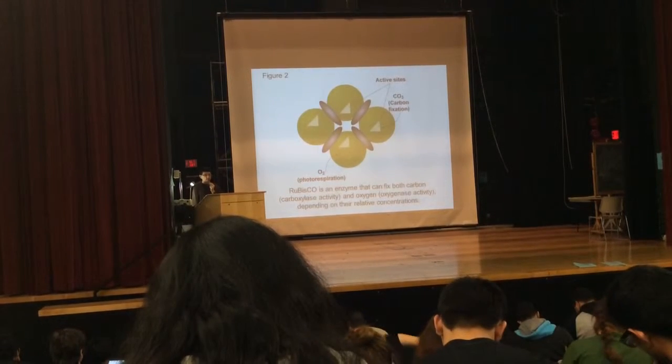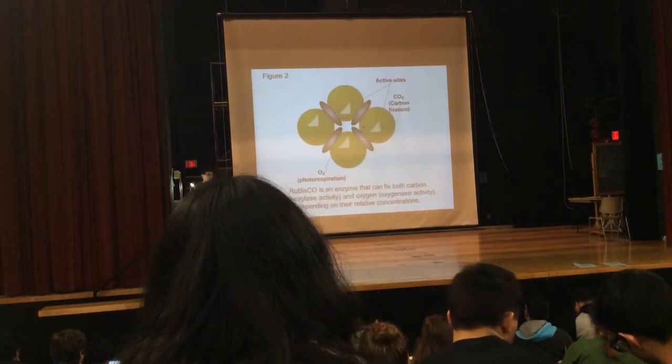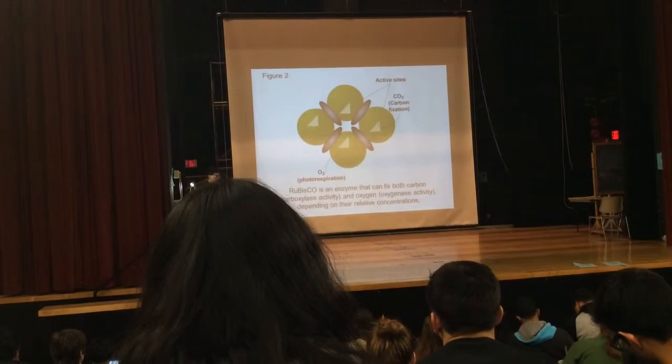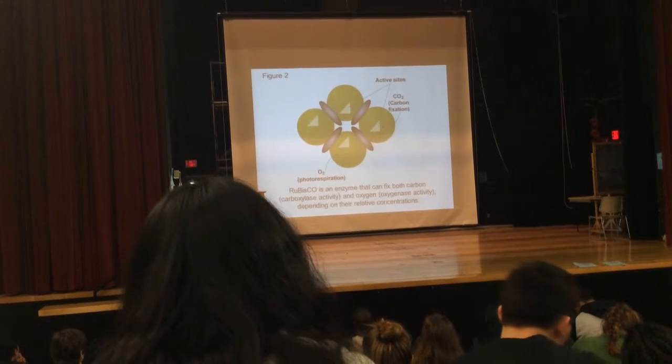Now the good thing is that oxygen doesn't bind that efficiently. So the enzyme is approximately 80 times more efficient at binding CO2 than it is at binding O2, because it's really designed for binding CO2. But CO2 and O2 kind of look alike. And one is bigger. Hopefully you know which one is bigger.